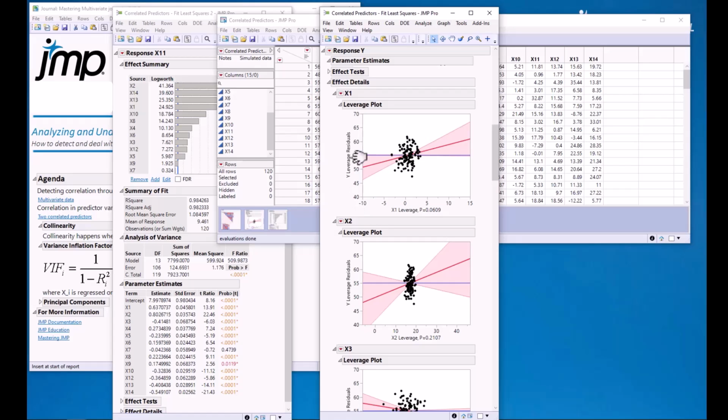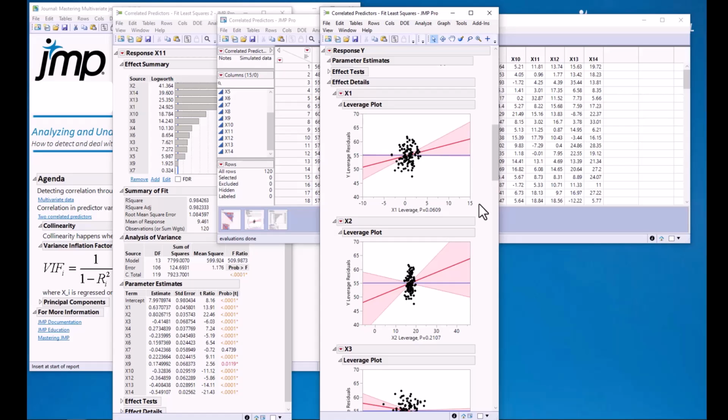And the limits here on the Y-axis are the same as the original data. And then the values on the X-axis, they're called X1 leverage. This is what you get when you regress X1 on all of the other predictors. Then you take those residuals, add the mean back in, and scale them so that they are, again, on the same scale as the original X1 data.